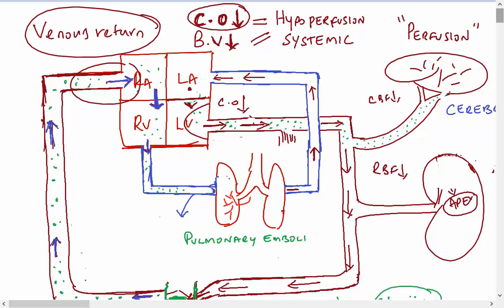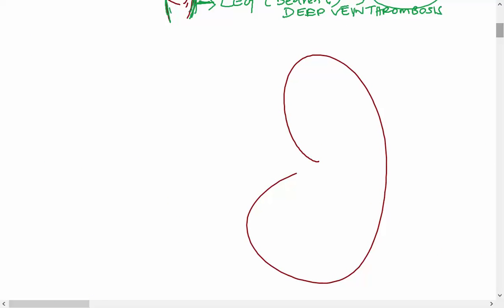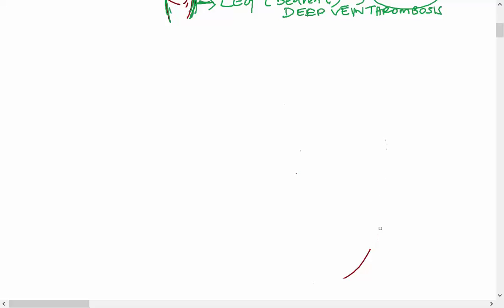So we discussed two types of shock. What are they? Cardiogenic shock and hypovolemic shock. Okay. So what happens in shock in general?